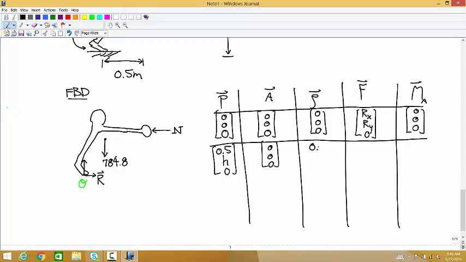Subtract, and you get a rho vector of 0.5, h, 0. The force vector of the weight is 0, negative 784.8. If you take that cross product, you get 0, 0, 0.5 times 784.8, negative 392.4.